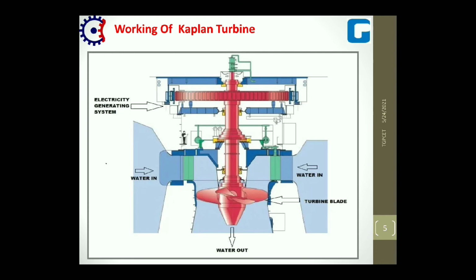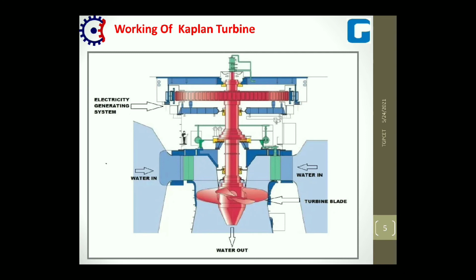If they open, the water strikes the runner blades, the runner starts rotating, and due to this the turbine shaft also rotates. The turbine shaft is connected to the generator for electric generation. Then the water which was used for rotating the runner blades comes to the draft tube. We know the working of the draft tube, and from the draft tube the water goes to the tail race and to the river.